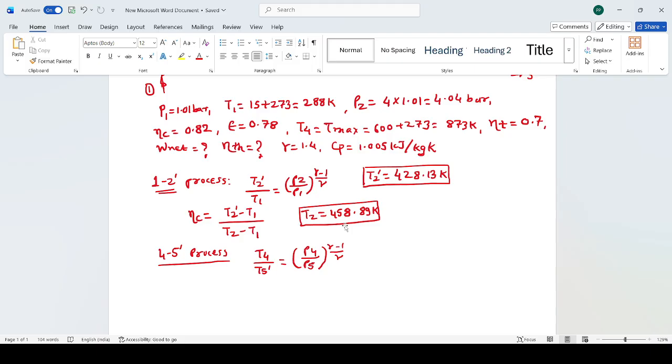So the only unknown is the temperature after the isentropic expansion of the gases, T5 dash. I will evaluate it as 587.25 Kelvin. That will be the temperature T5 dash.